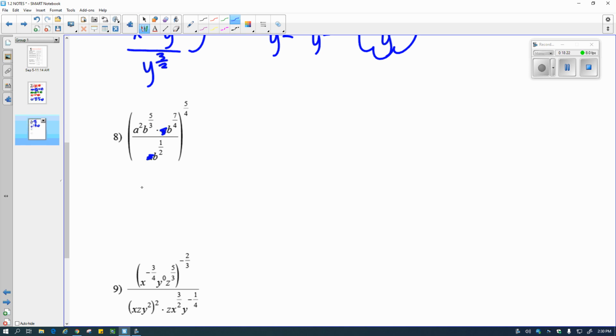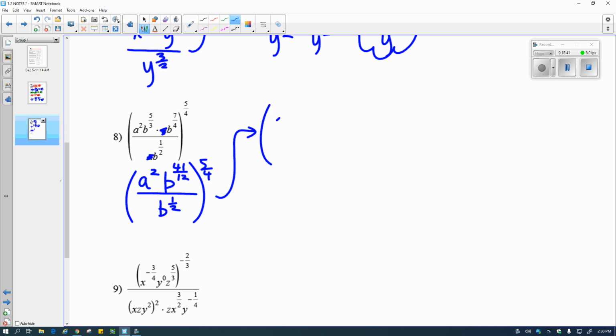So I'm going to have a to the 2nd, b to the 41/12 over b to the 1/2, and then I will raise that to the 5/4 power. So I'm going to work with my b's now on the inside. I'm not going to touch that a to the 2nd. I have more b's on the top, so I do 41/12 minus 1/2.